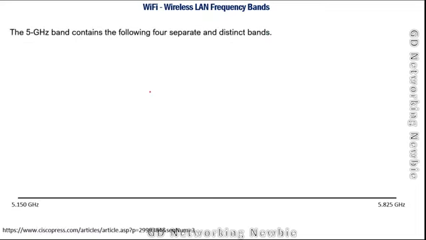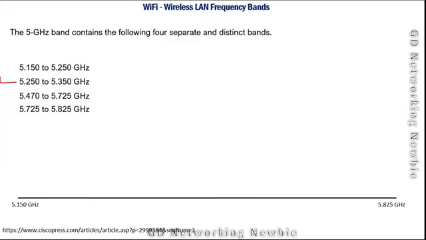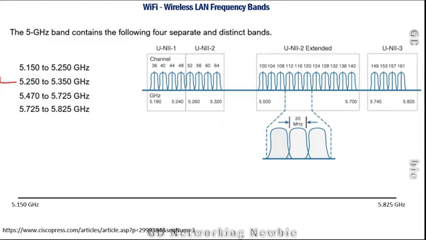In the same way, the 5 gigahertz band actually contains a range of frequencies, but specifically this contains 4 separate and distinct bands. The first band is from 5.150 to 5.250 gigahertz, and this is the second band, and then we have the third band and the fourth band. So that's four separate and distinct bands. You can see they are identified as UNII-1, UNII-2, and UNII-2 extended.